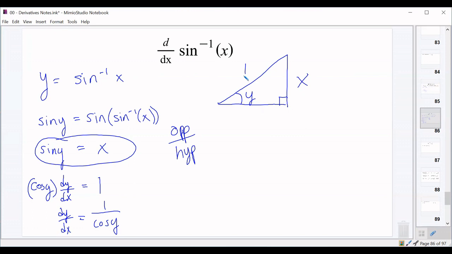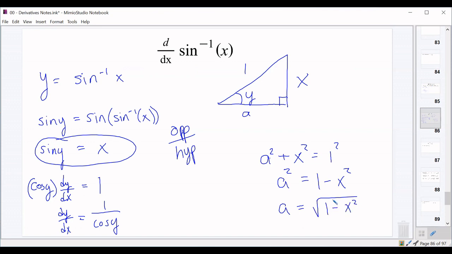Using just a little bit of the Pythagorean theorem here, we can say that this adjacent side, we'll call it a, can be found by using a squared plus x squared equals 1 squared, or that a squared is 1 minus x squared, or that a is the square root of 1 minus x squared.